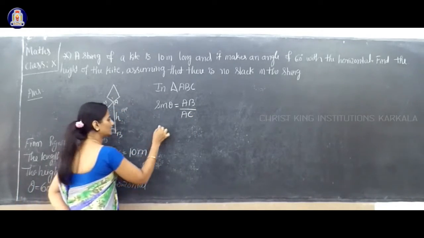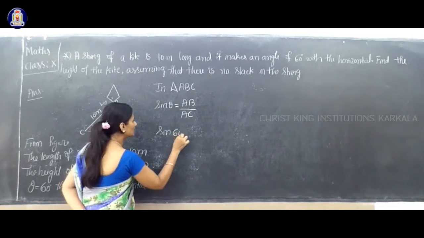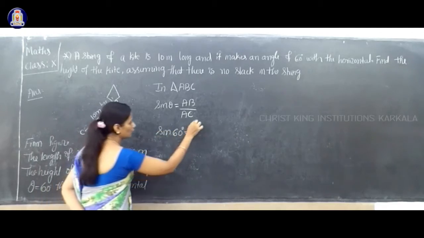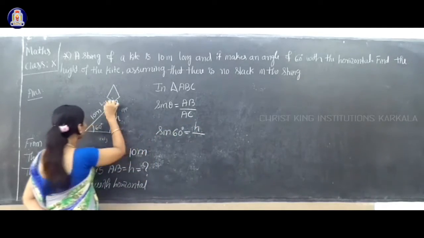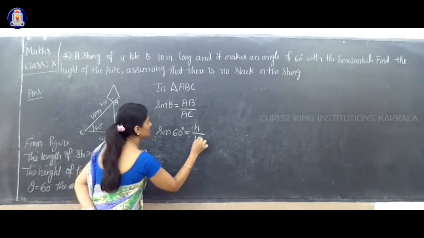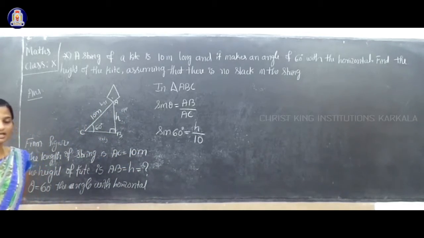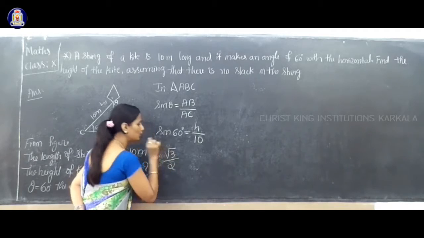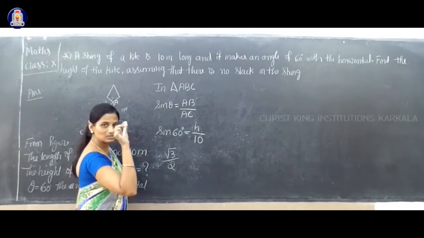Now substitution. Theta is 60 degrees, so sin 60 is equal to AB, the height of the kite, divided by AC, which is 10. What is sin 60? Sin 60 is root 3 divided by 2. Sin 30 is 1 by 2.